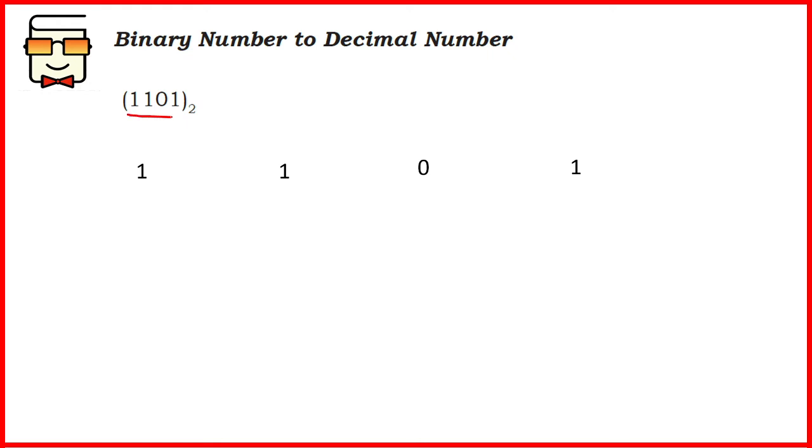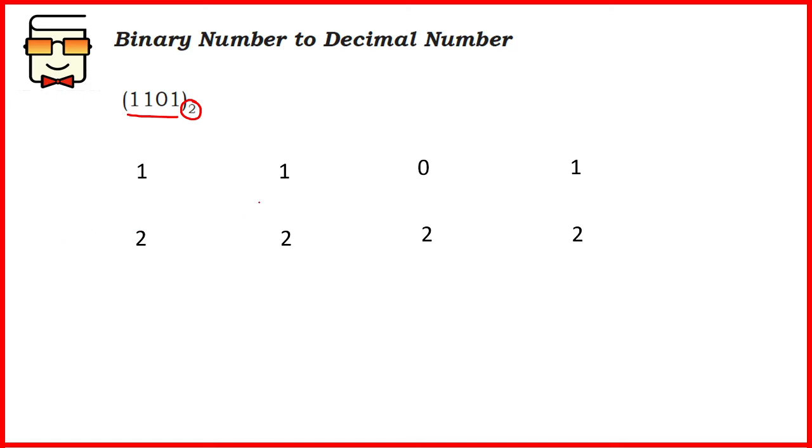How do we know that it is binary? Because it has been specified that its base is 2. Once you write the characters of the given number, below each digit you have to write the base in which this number is present. So I have written the base of this binary number, which is 2, below each digit.